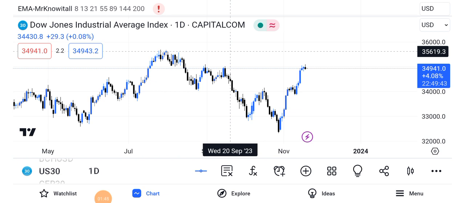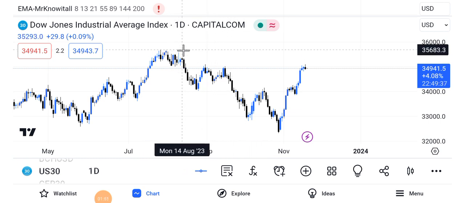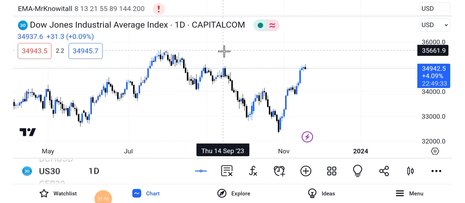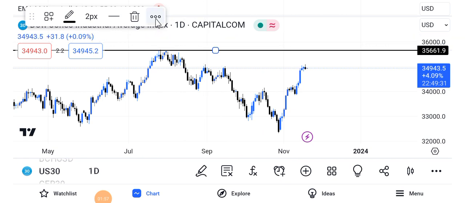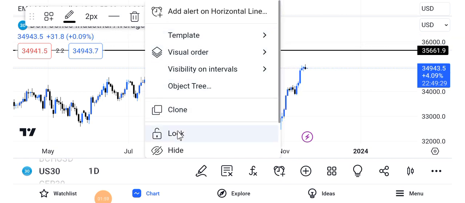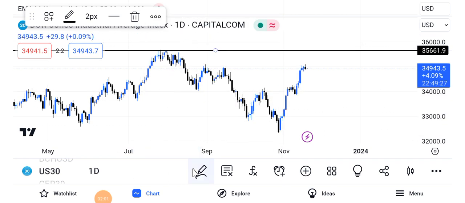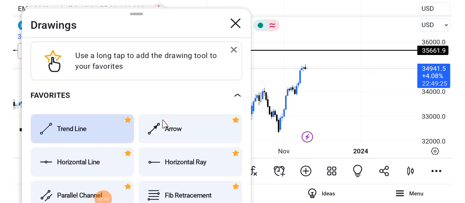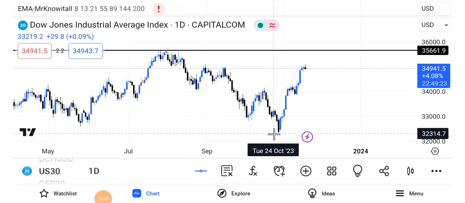So now, what's happening is that we're going to identify the high around this market, right? So this is our high. This is the highest point of the market. You know what I mean, guys? And this is the low right here. Right, guys?